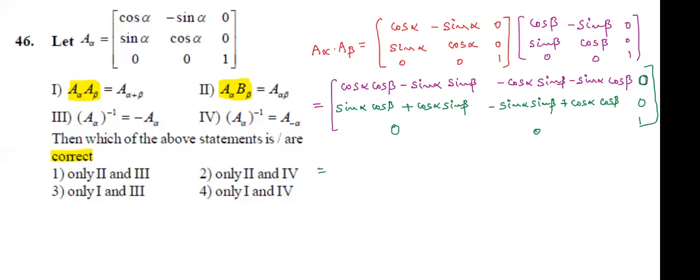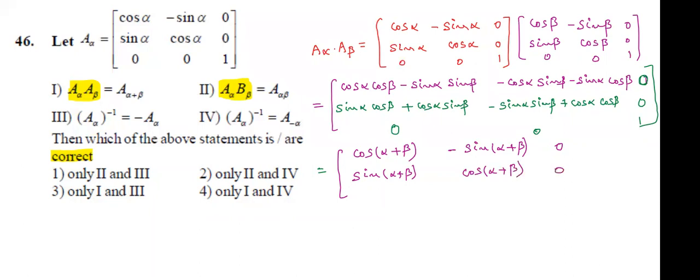Next, students, observe here: cos alpha cos beta minus sin alpha sin beta, that is cos of alpha plus beta, the cos A plus B formula. In the second term, take minus common: cos alpha sin beta plus sin alpha cos beta, that is sin of alpha plus beta. Next 0. In the same way the second row also gives sin alpha plus beta, cos alpha plus beta.